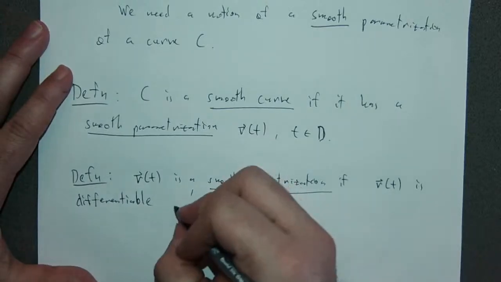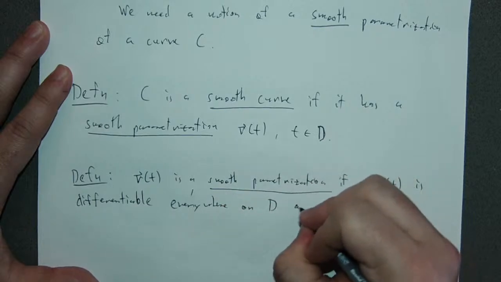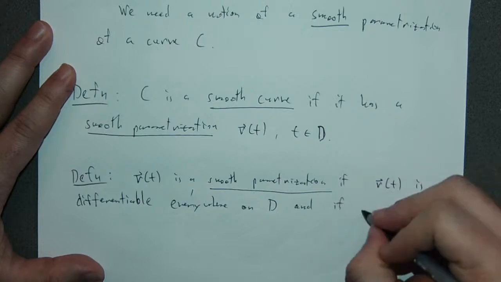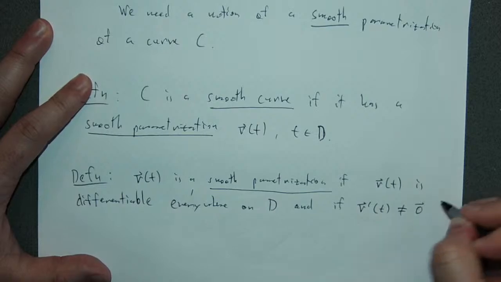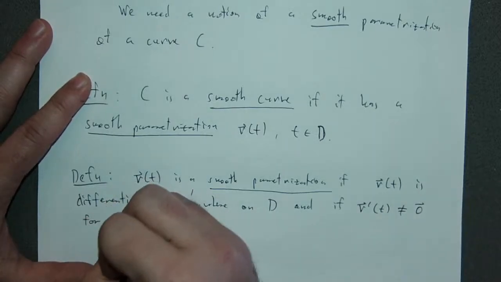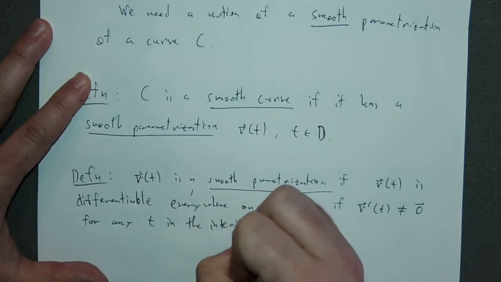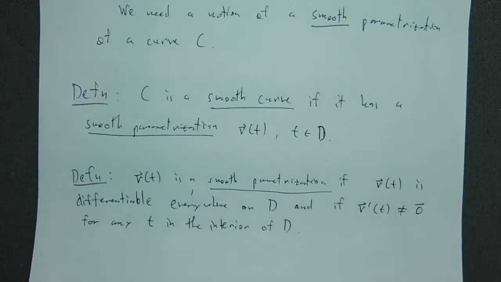So if r of t is differentiable everywhere on D, and if r prime of t is not equal to the 0 vector for any t in the interior of D.